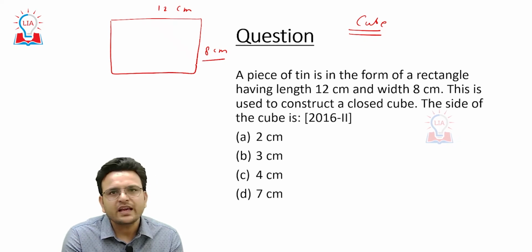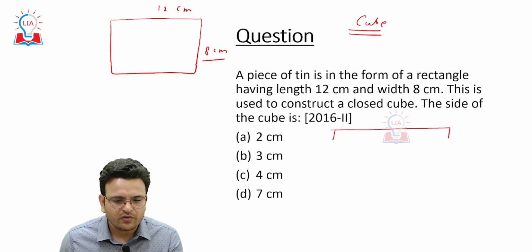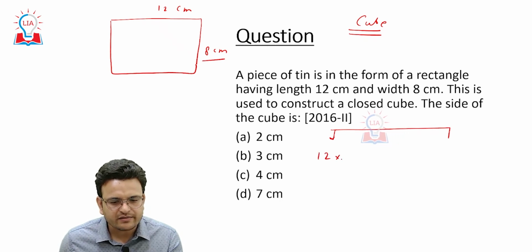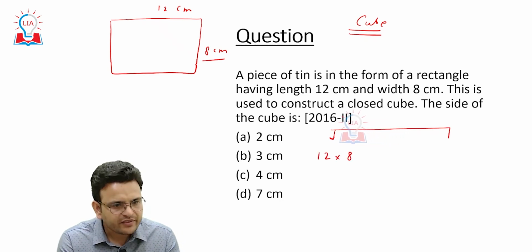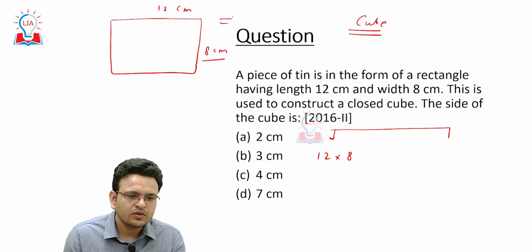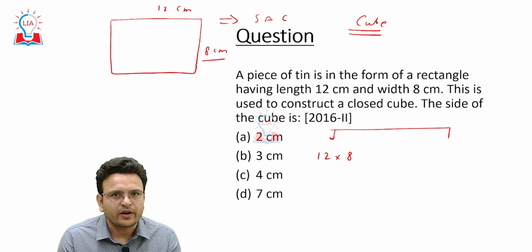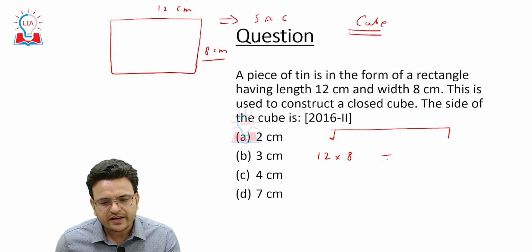Okay, so here we have the surface area of the rectangle, that is 12 into 8. Surface area of rectangle will be equal to surface area of cube. Okay, what is the surface area of a cube? Surface area of cube is 6a square.